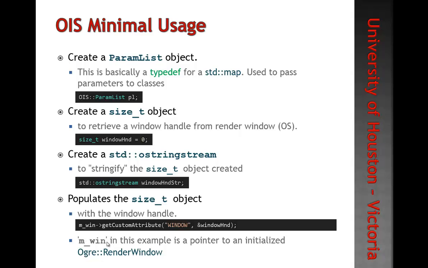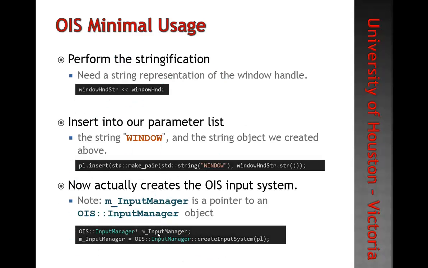What this m_win is, is the pointer to the window that is rendered, and we will reformat our frame listener's constructor to take the scene node and the window pointer as well, and then we will be able to use the window pointer to populate the window handle.